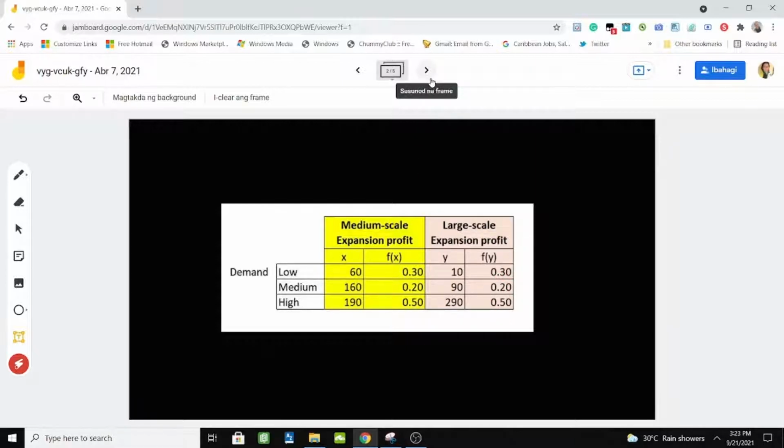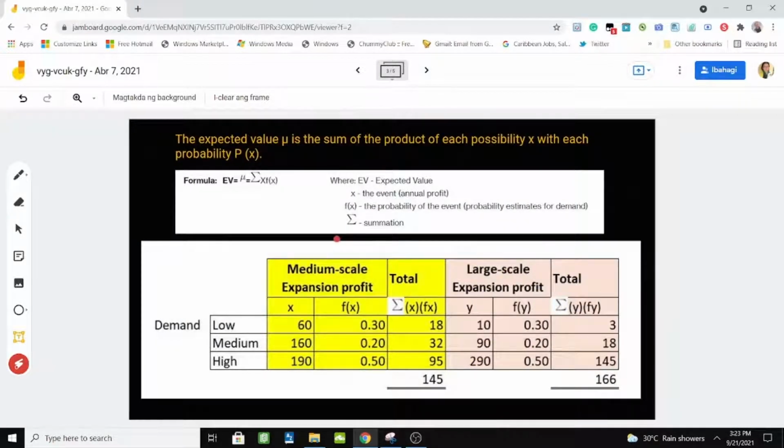So now let's solve the problem. The expected value mu is the sum of the product of each possibility x with each probability px.